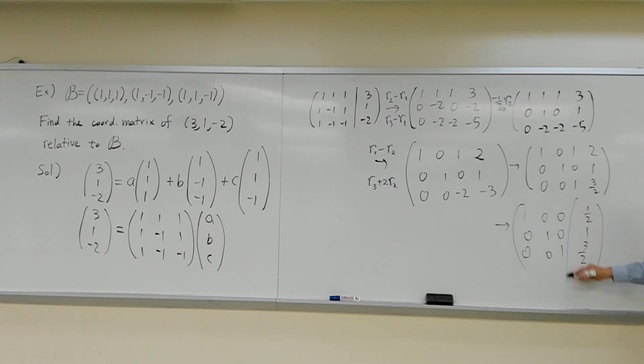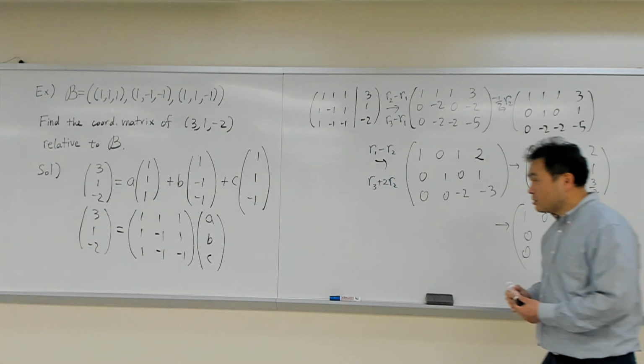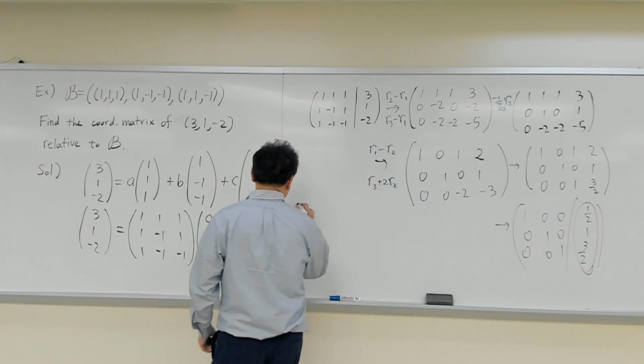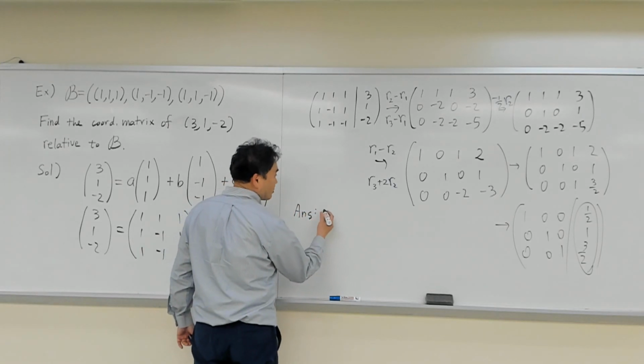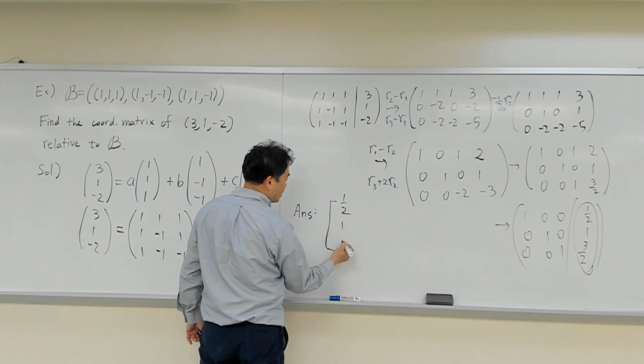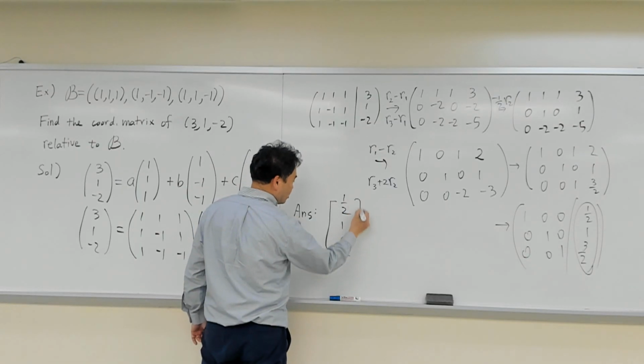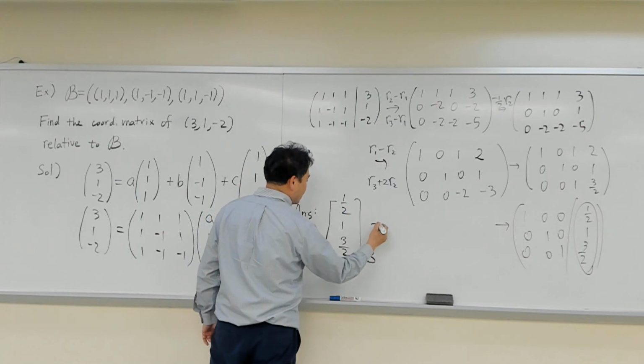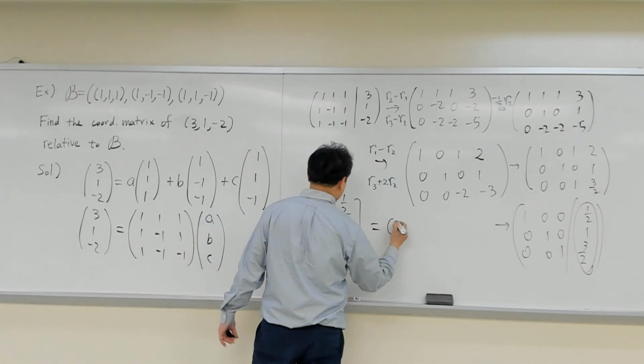This gives your answer for A, B, and C. So the answer is 1 half, 1, and 3 over 2 under basis B. This is the same as 3, 1.